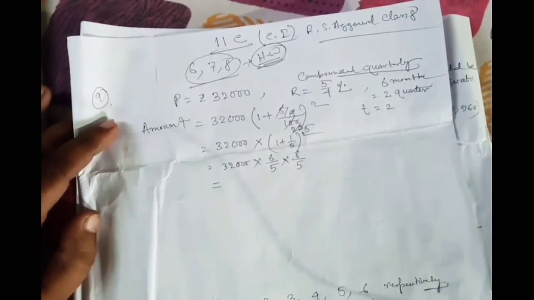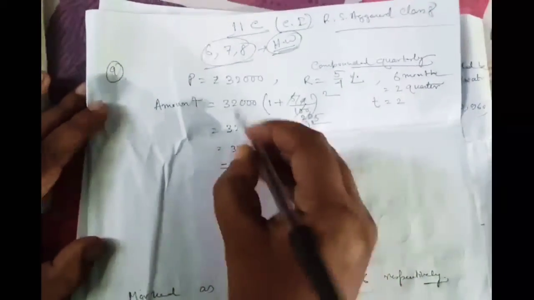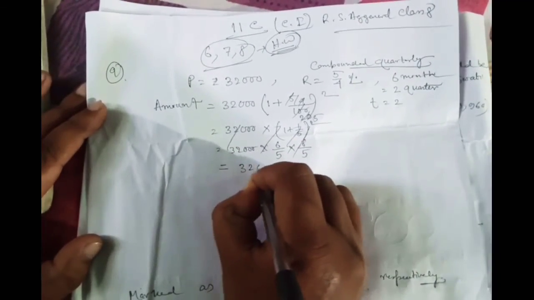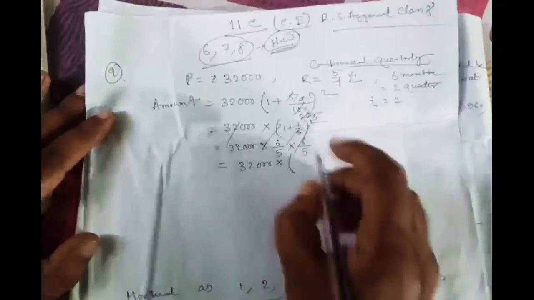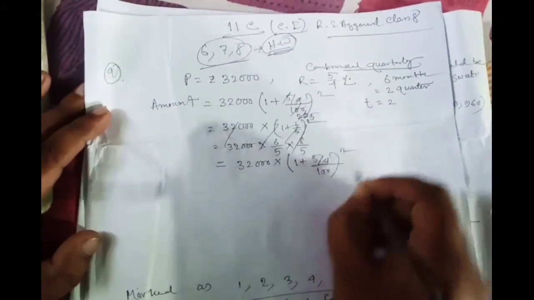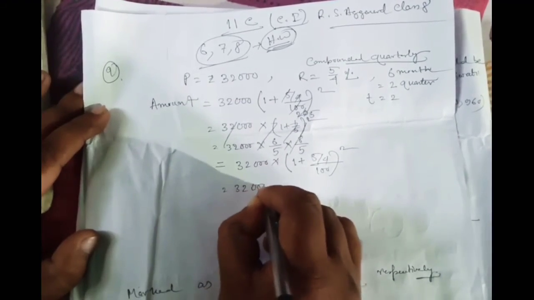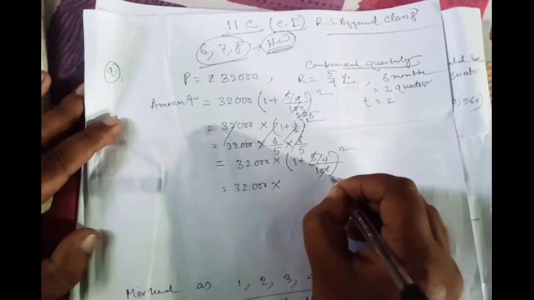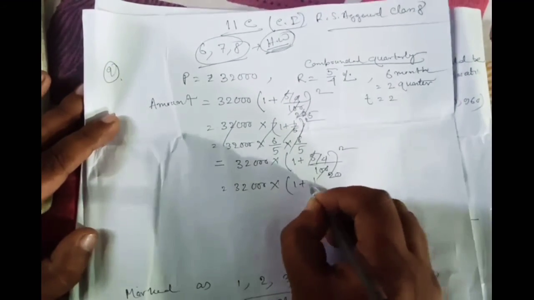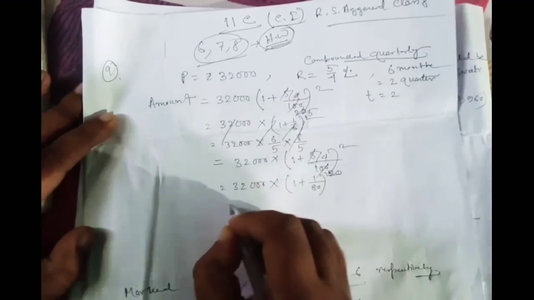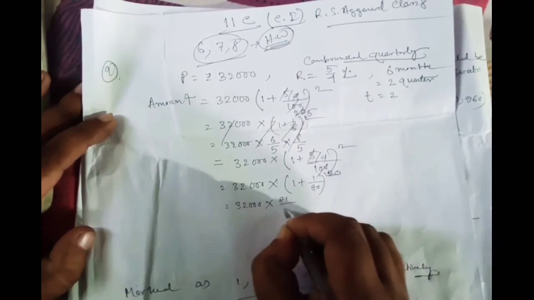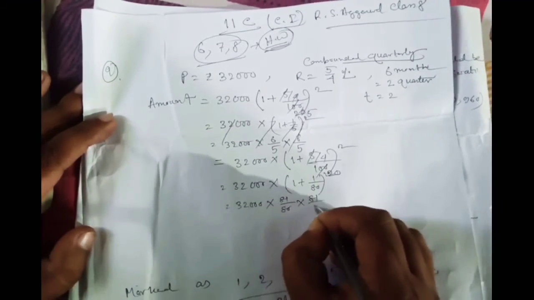So if we do the calculation, friends, I am extremely sorry for this mistake. Actually this is a calculation mistake. So 32,000 into 1 plus 5/4 by 100 whole to the power 2, that means 32,000 into 1 plus 1/80, so this is 32,000 into 81/80 into 81/80.